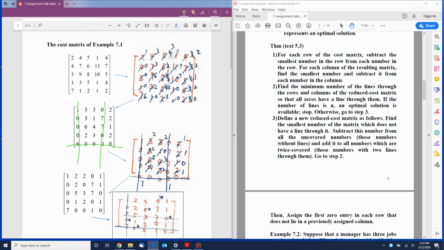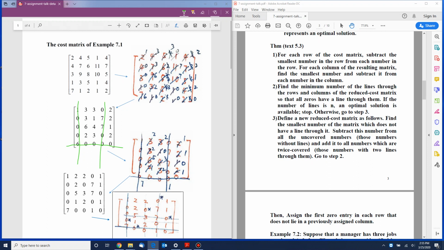When we subtract 1, 3, 3, 2 becomes 2, 2, 1, and 3, 1, 2 becomes 2, 0, 1, and 6, 4, 1 becomes 5, 3, 0, and 2, 2, 3 becomes 1, 2, 1, right? Once we are done with this, don't forget the entries covered by 2 lines, say the bottom 6 and the entry in row 5, column 4, that 0 is double covered.